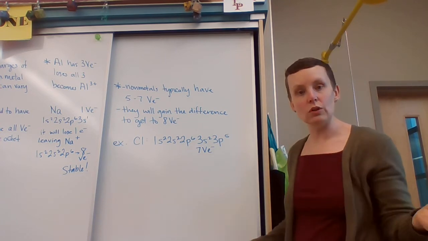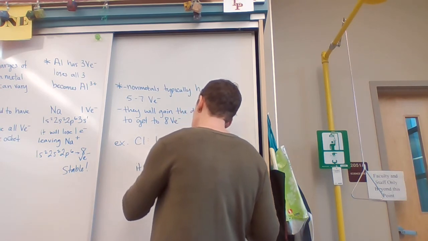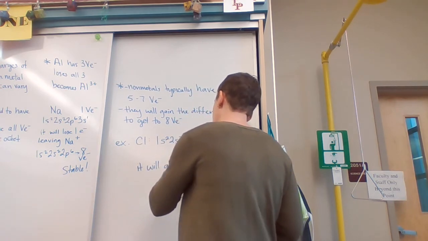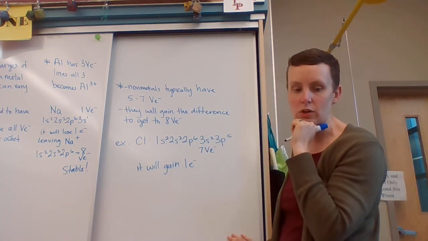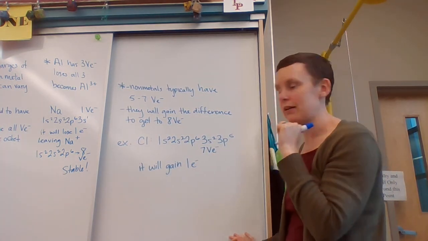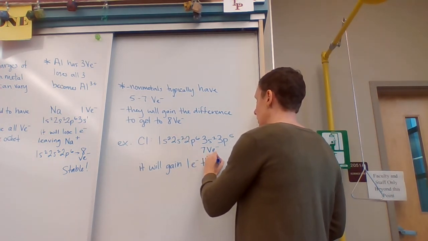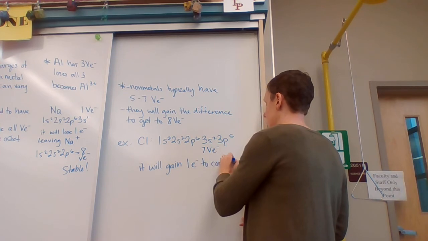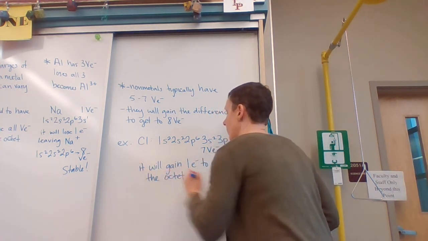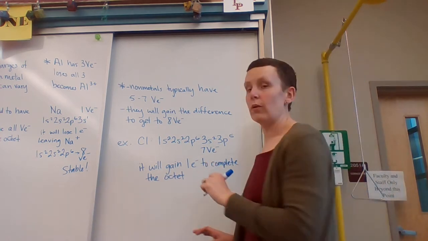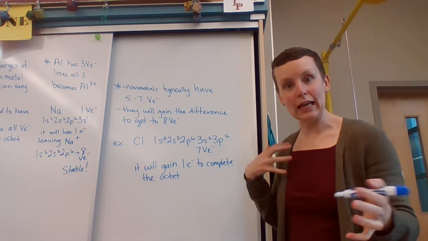So what is it going to do to become stable? It will gain 1 electron to complete its octet. So it becomes Cl minus because it's gaining that negative.